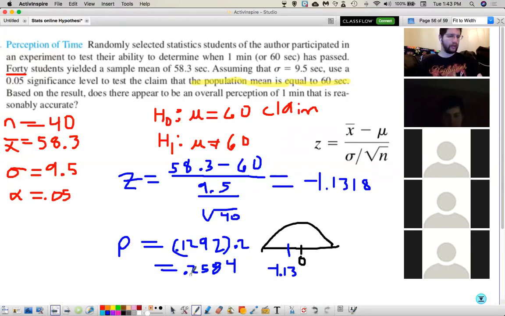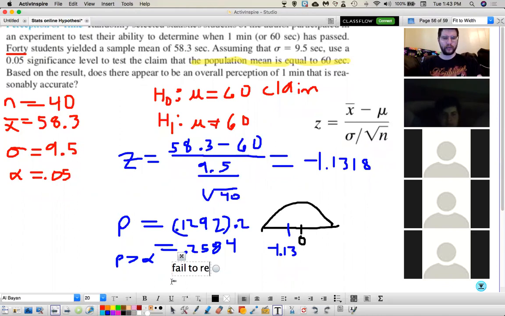So alpha's 0.05. Let's see, which one's bigger? Oh, P's bigger. Fail to reject the null. P is greater than alpha, so we fail to reject the null.